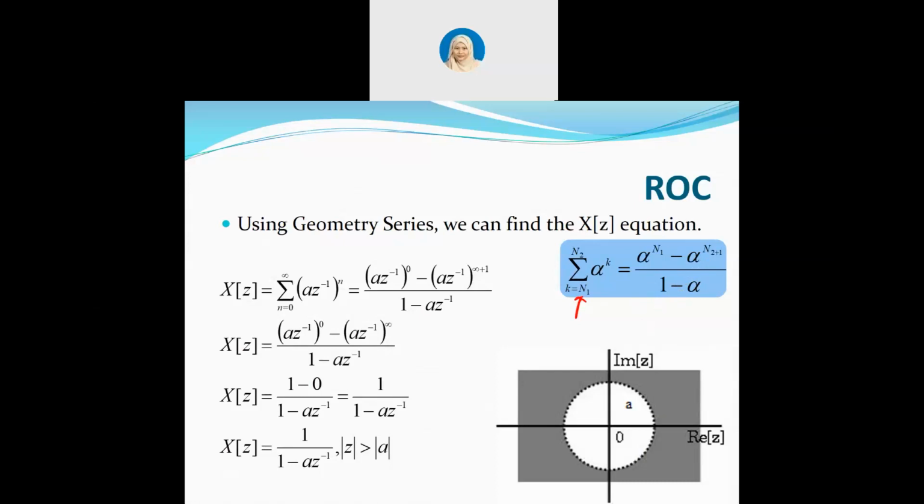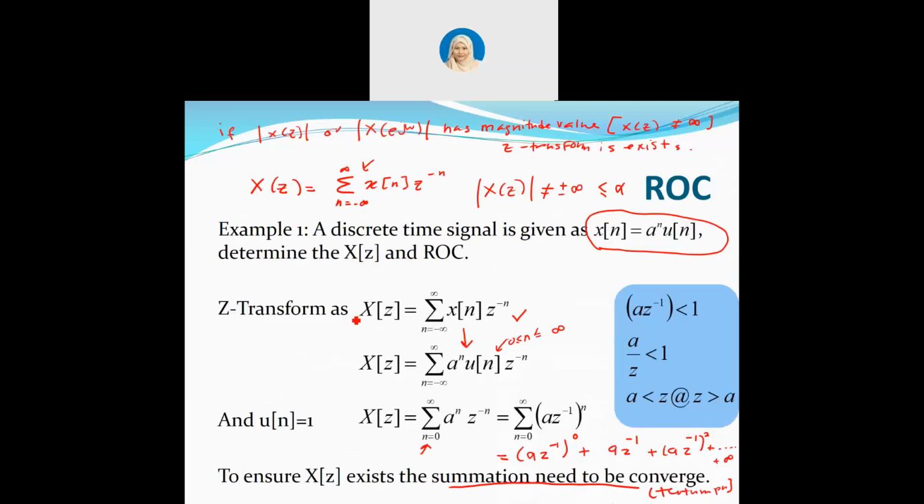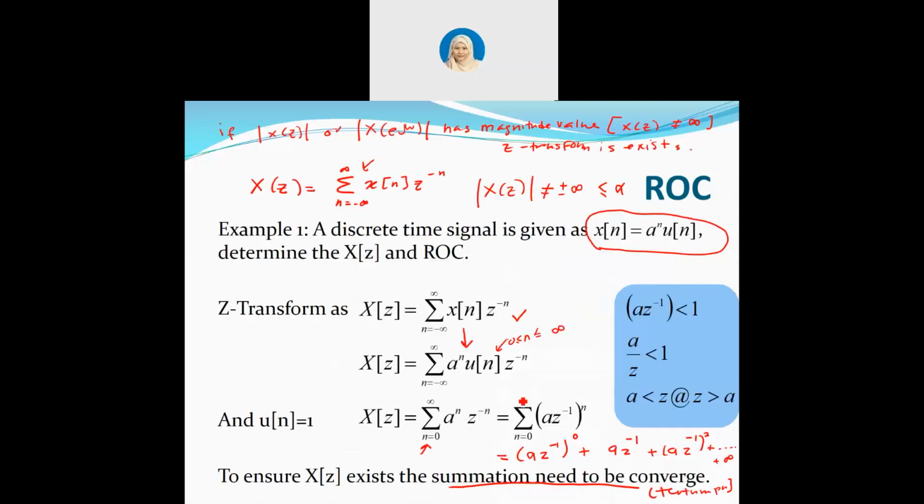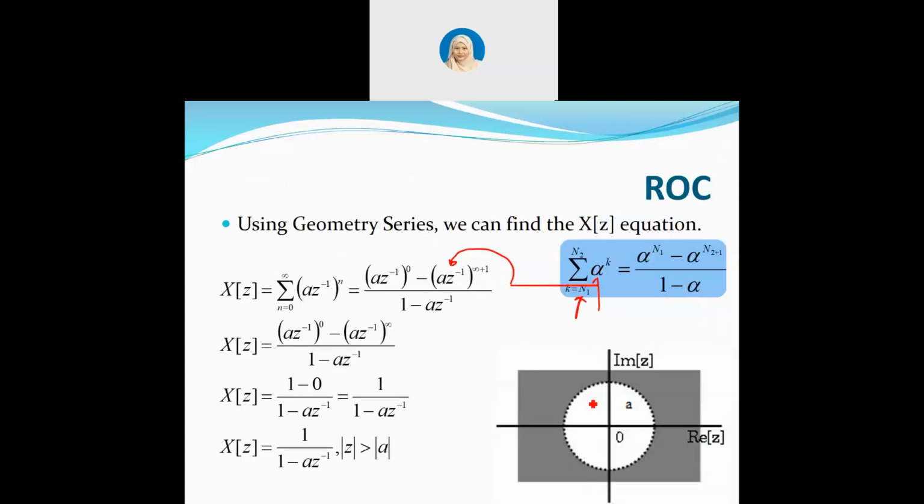Now for our case, we have (a z^(-1))^n, with n from 0 to infinity. Here, a z^(-1) is our alpha, while our n is the k in the geometric series equation.